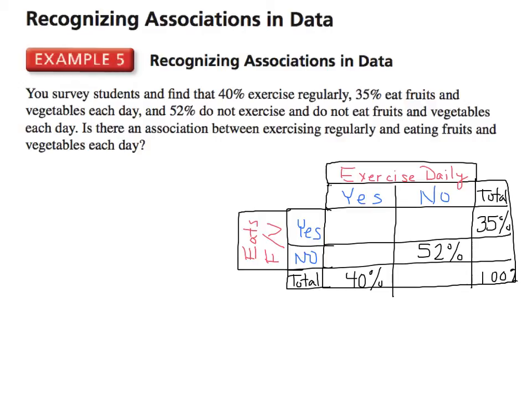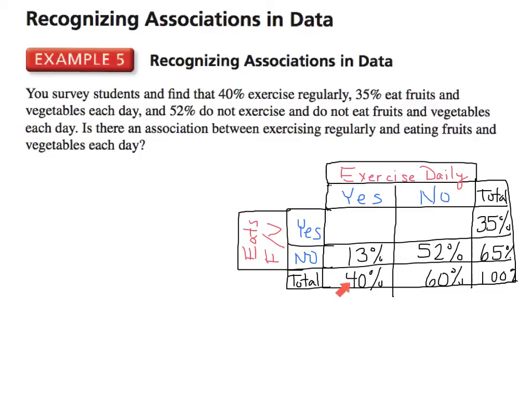So now we have to fill in the rest of the chart. Since this is 100% right here, we can subtract each of these values from 100%. So this would give us 60%, and this would give us 65%. Now I could take 65% minus 52%. That makes this 13%.